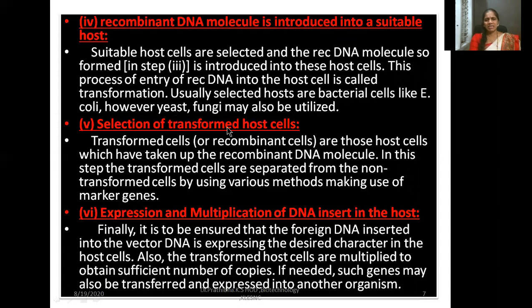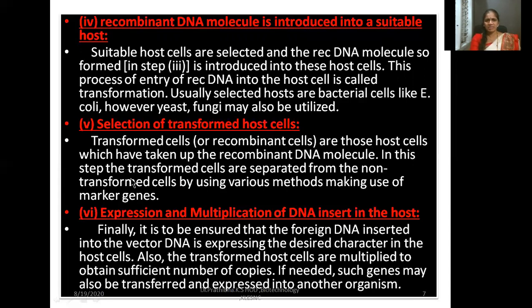Step 5. Selection of transformed host cells. Here transformed cells are recombinant cells. We are choosing only the recombinant or transformed cells. Non-transformed cells or non-recombinant cells will be rejected and cannot be used for further process to obtain any recombinant DNA products. Recombinant cells are those host cells which have taken up the recombinant DNA molecule, and those cells are known as transformed cells.